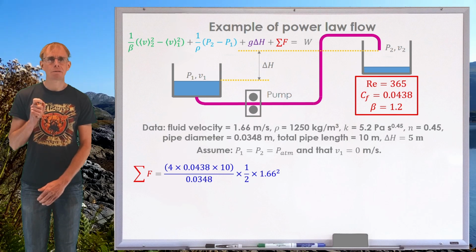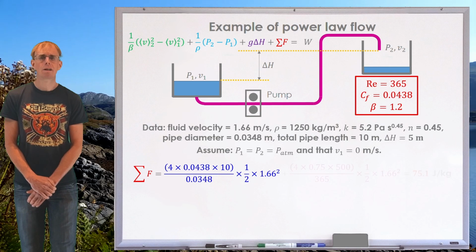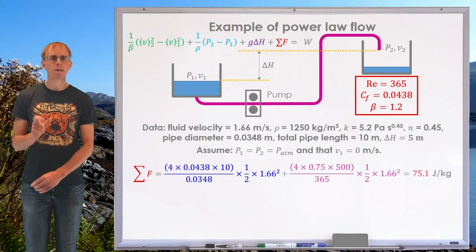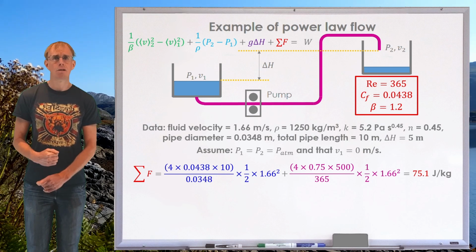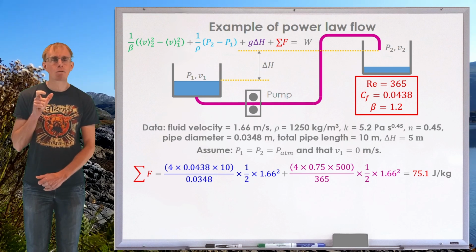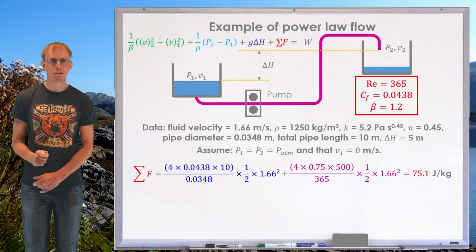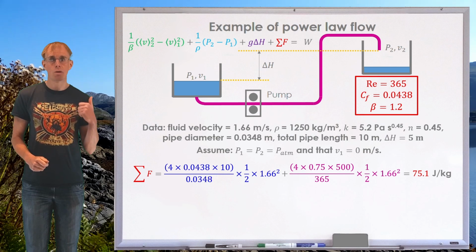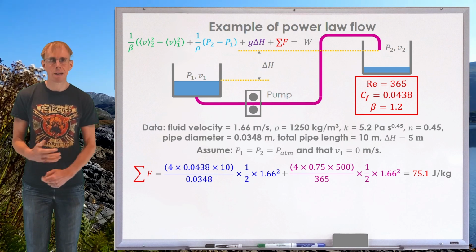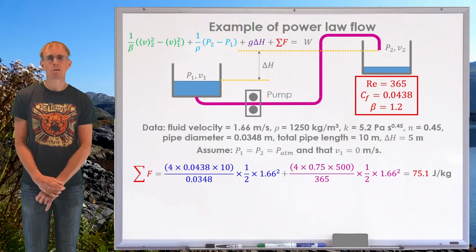Now let's think about the frictional loss due to fittings. We've got a slight complication this time because we realise that my power law Reynolds number is 365. It's below that 500, so we need to correct the fittings by a factor of 500 divided by Reynolds number. And so we've got 4 90-degree short radius bends. A short radius bend of 90 degrees has a loss coefficient of 0.75.